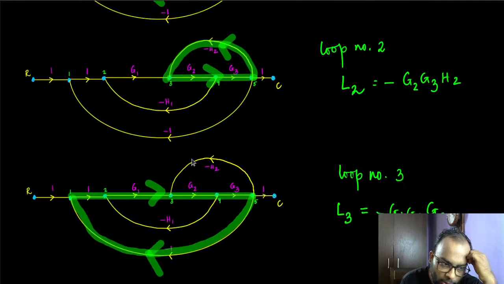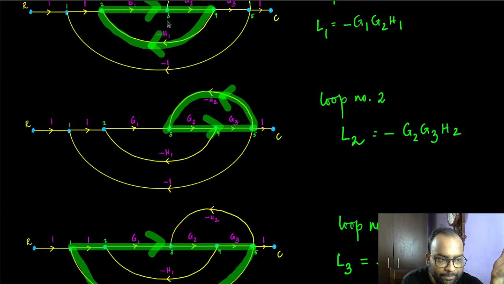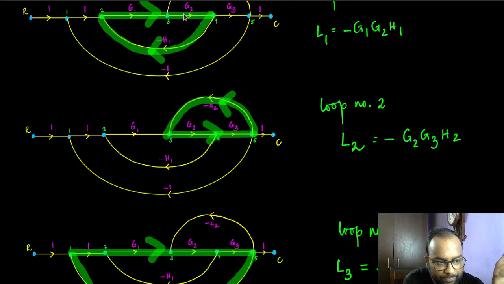Similarly for loop 2 and loop 3, branch G2 and branch G3, this entire thing is common. So loop 2 and loop 3 are also two touching loops. Similarly, loop number 1 and loop number 3, you see that this branch through G1 and G2 is common with loop 3, which also has this branch with G1 and G2.